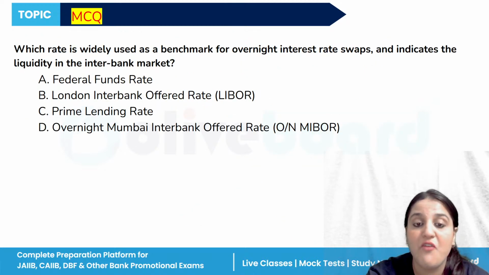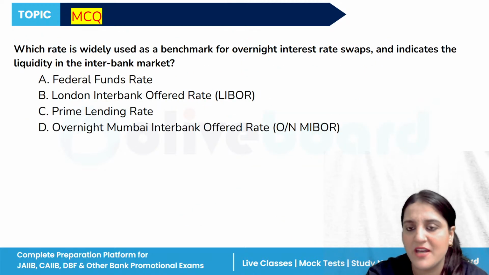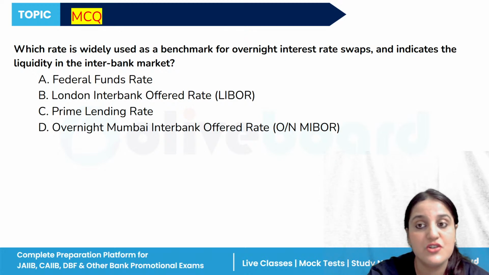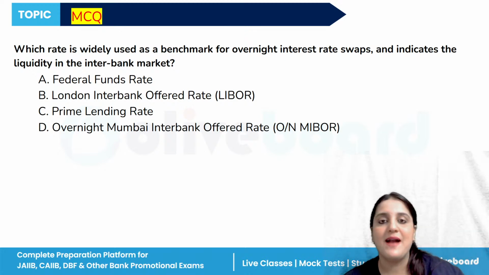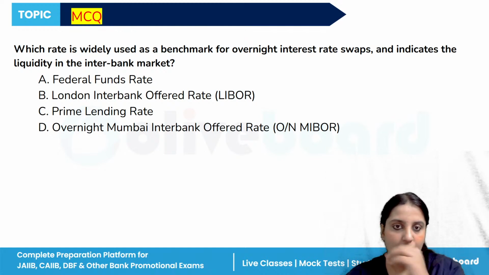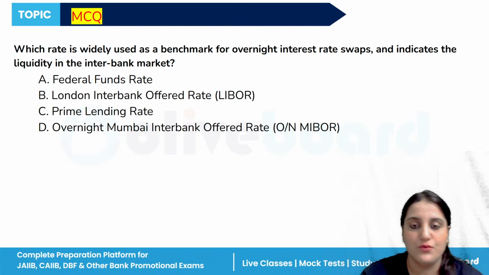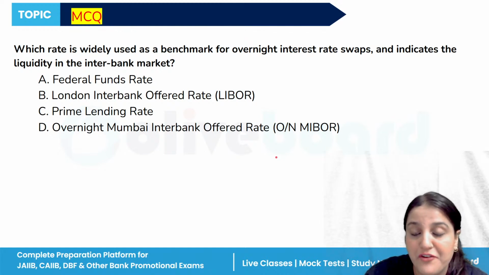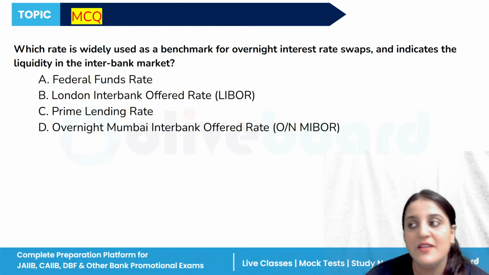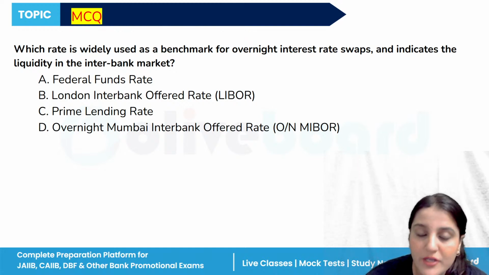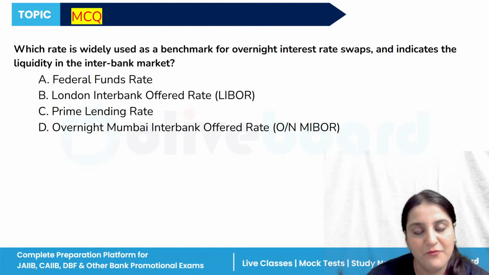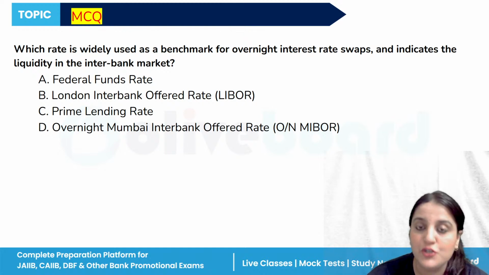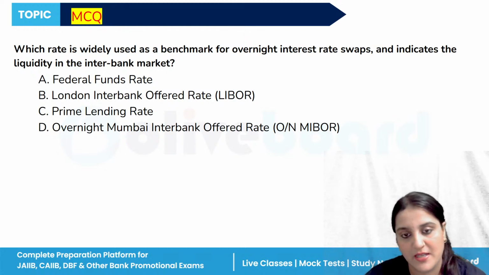Which rate is widely used as a benchmark for overnight interest rate swaps and indicates the liquidity in the interbank market? That is the rate which refers to the overnight placement. That means funds borrowed by the banks need to be repaid on the next working day.